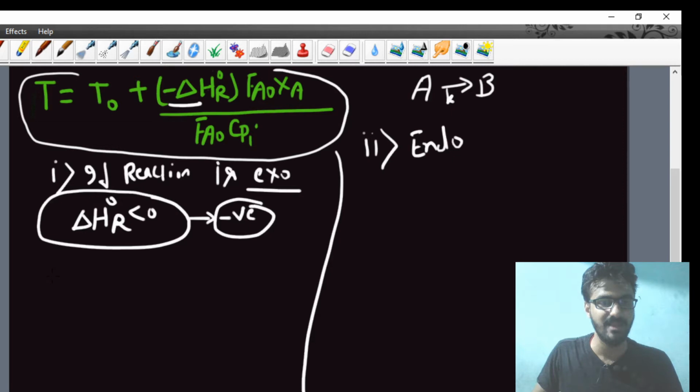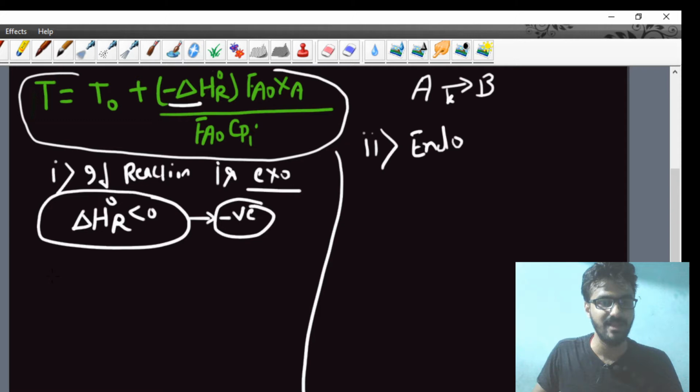On the x-axis is X_A, and this is our outlet temperature T. At X equals 0, T equals T0, the inlet temperature, and as the conversion increases, the outlet temperature will increase. So this will be the graph of a reaction taking place in an adiabatic CSTR.